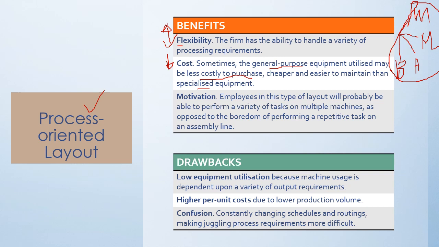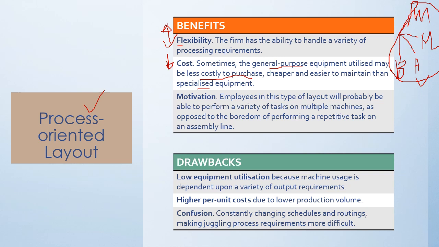Printing is considered as general purpose equipment because it can print many things. So it has one general purpose, that is to print. So the same printing machine can be used to print magazines, newsletters, assignments, and also banners. The difference is only in terms of the raw materials used. Okay, so buying one general purpose equipment can be used to print so many outputs over here, so that is less costly.